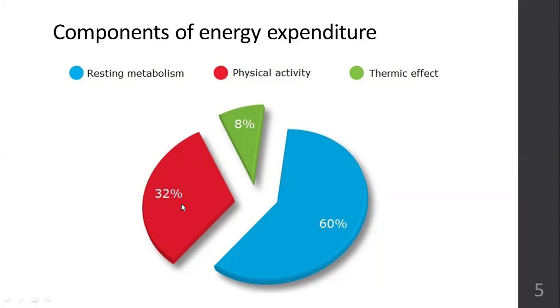Or just imagine you have a bowl of salad and a bowl of biryani. Which do you think your body has to work harder to digest? Which do you think has more thermic effect?